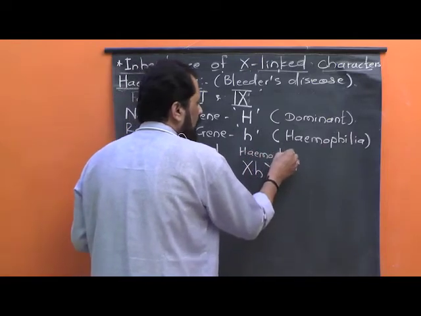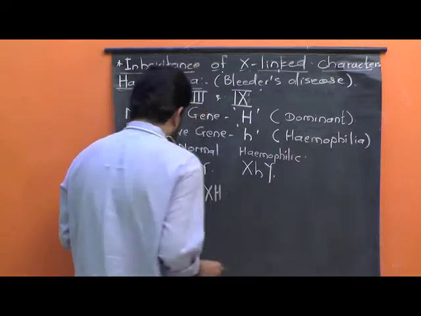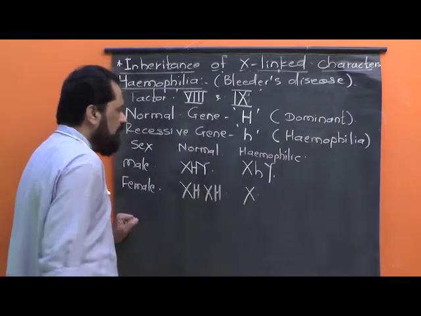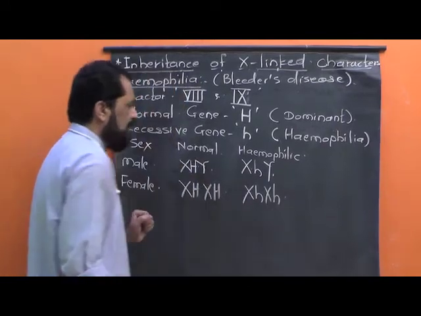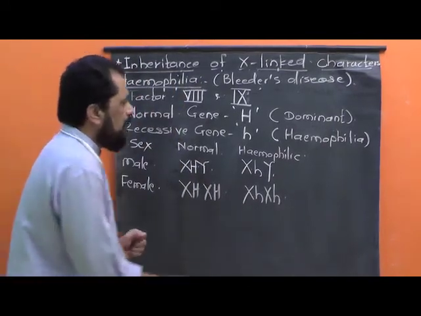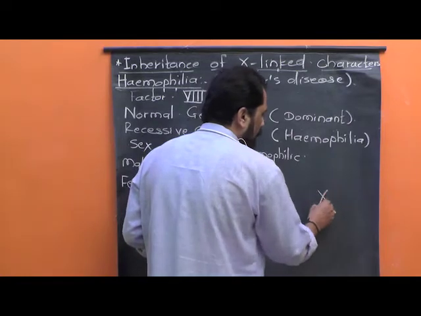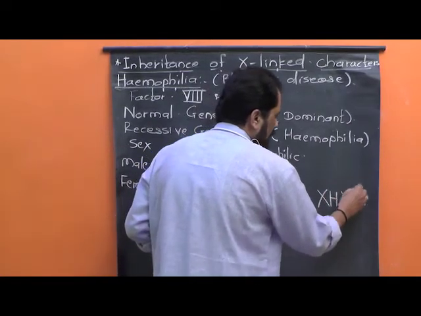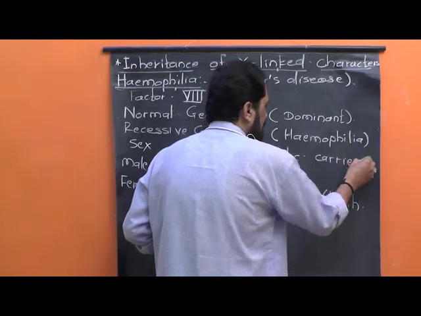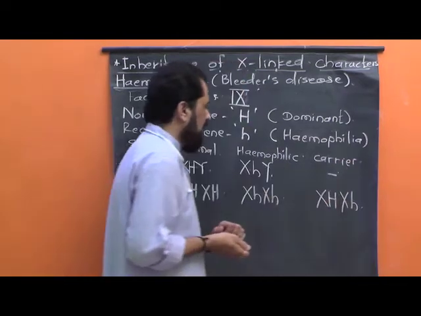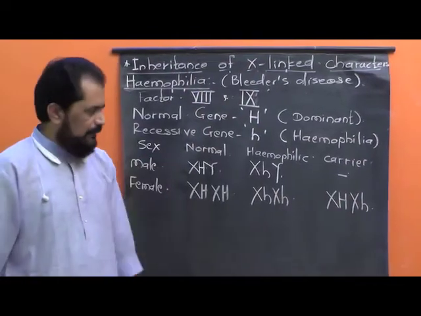It is hemophilic male. And if in female both the genes are recessive, then it is said to be hemophilic. In female, if one gene is dominant and one recessive, then such females are said to be carrier, and we know the carrier males are not possible.